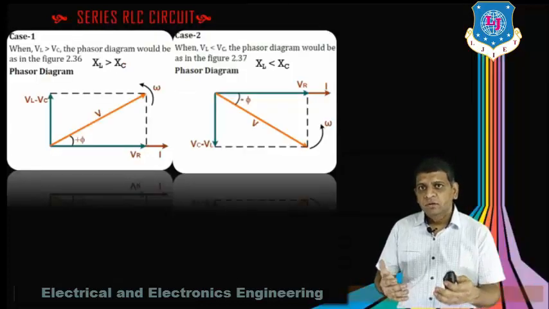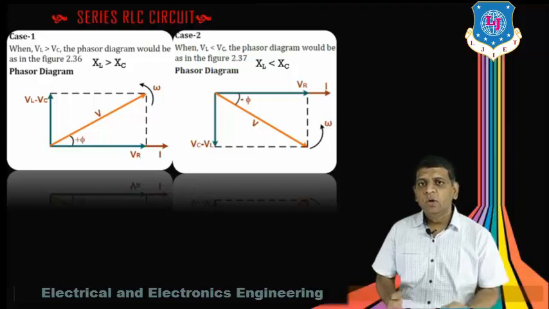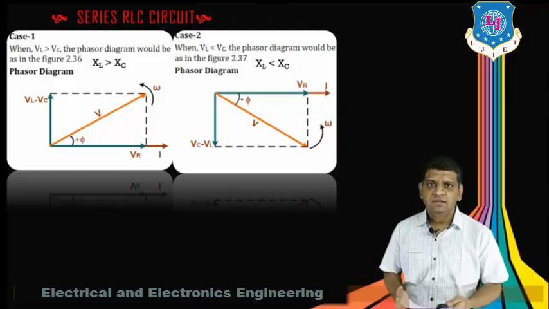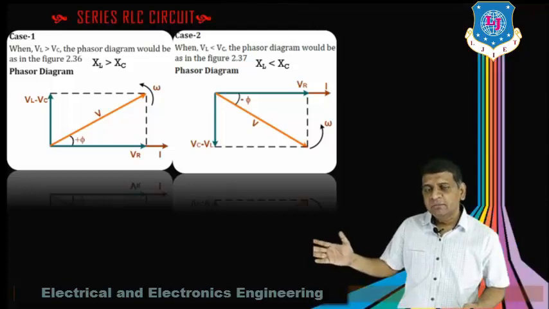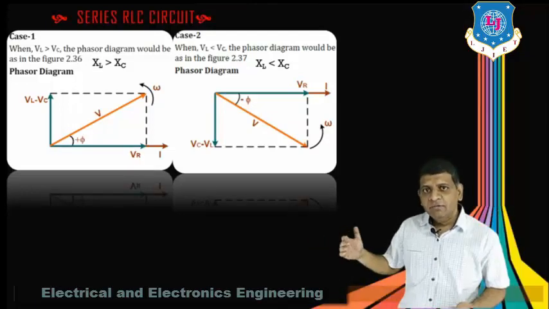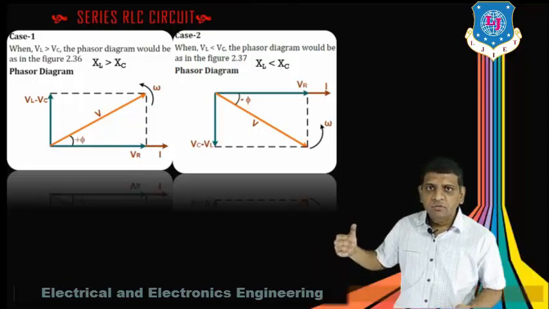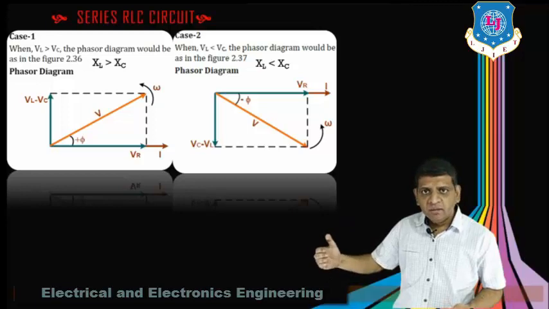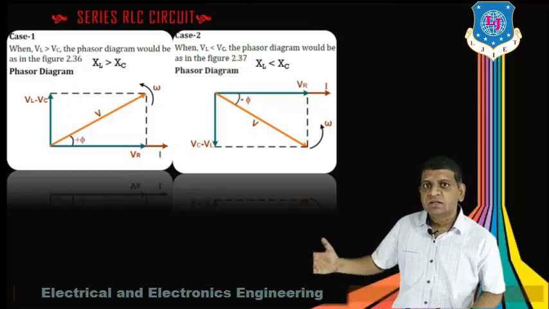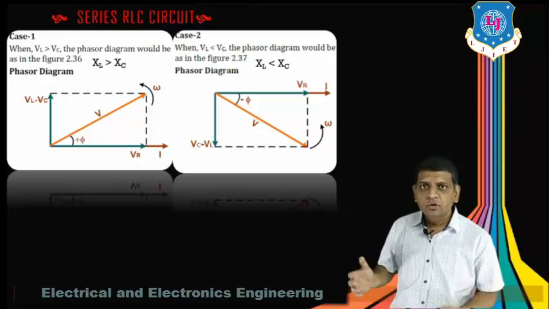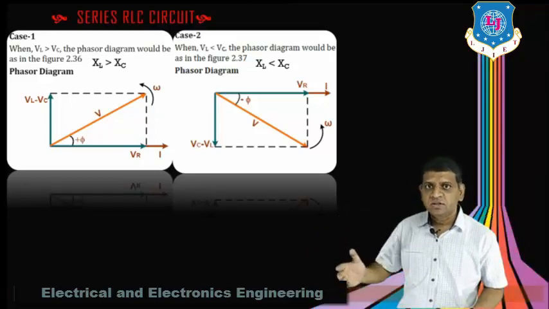From this you can check case number 1 where VL greater than VC, that means XL greater than XC. So this is what the phasor diagram is, where you have a vector I, right? In the same direction you will find the vector VR, but on the y-axis, since VL is greater than VC, that particular vector magnitude we define as VL minus VC, right?